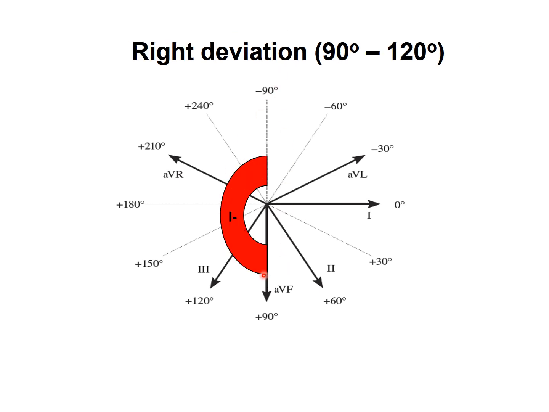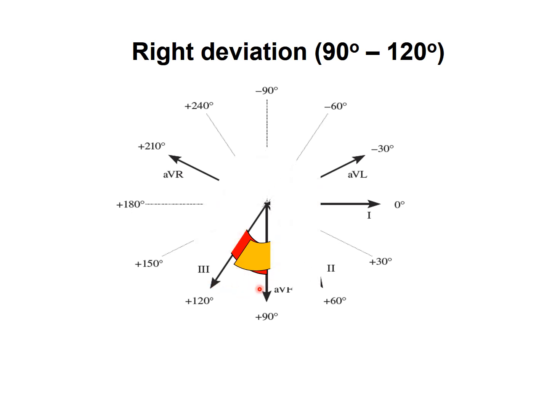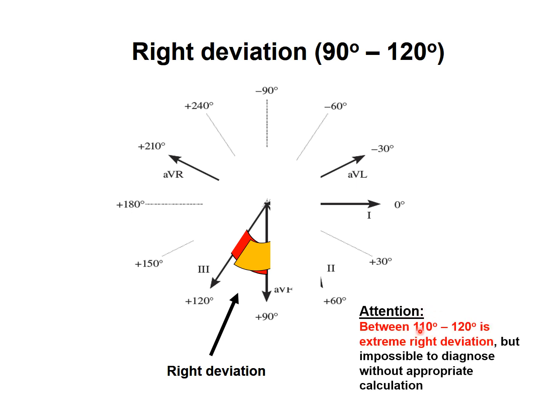Right deviation ranges from 110 and 90. But again, it's very difficult to count up to 110. If AVR is negative, we are between 90 and 120, so we can call that a right deviation. Of course, it is almost impossible to calculate exactly 110, but in this case, we can say we only have a right deviation.